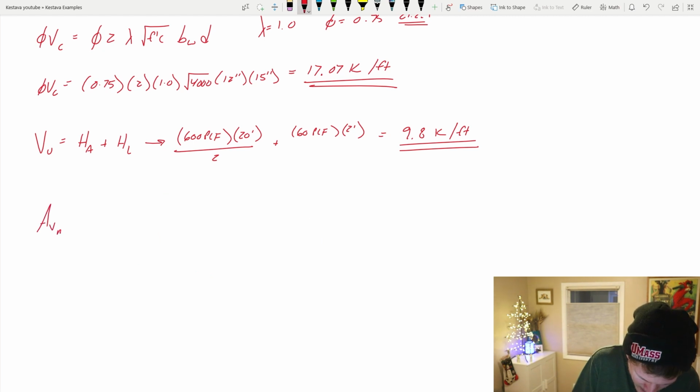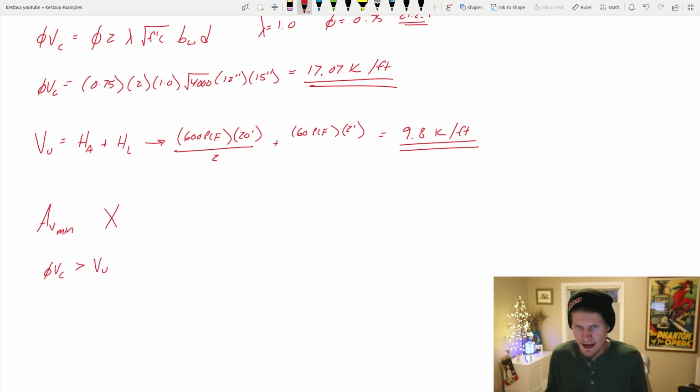But what about Av min? We want to make sure we're code compliant, right? Well, for one-way slabs, Av min is not required when phi Vc is greater than Vu. So if your concrete is stronger than the demand alone, then you're done.